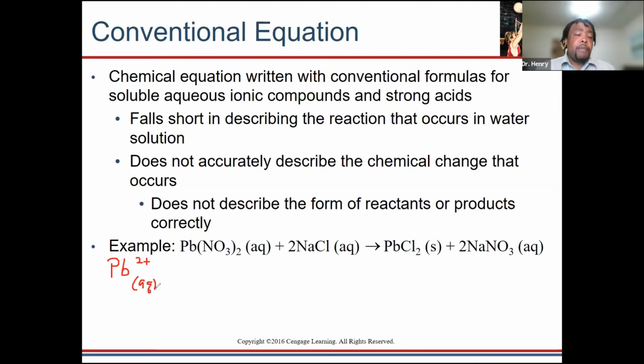Because we're dissociating and there's 2 nitrates here, those nitrates are able to act independently. So you're going to have a coefficient representing the 2 nitrates that you have. And we know the charge on nitrate is 1 minus.